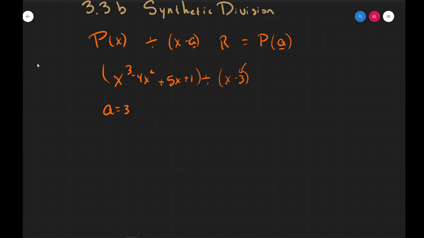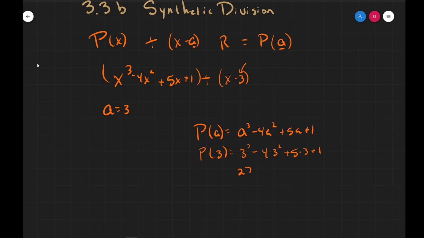So if we wanted to evaluate our function at a, we're going to take x and replace it with a. So we're going to say a cubed minus 4a squared plus 5a plus 1. And we could very easily plug in p of 3, which is 3 cubed minus 4 times 3 squared plus 5 times 3 plus 1.